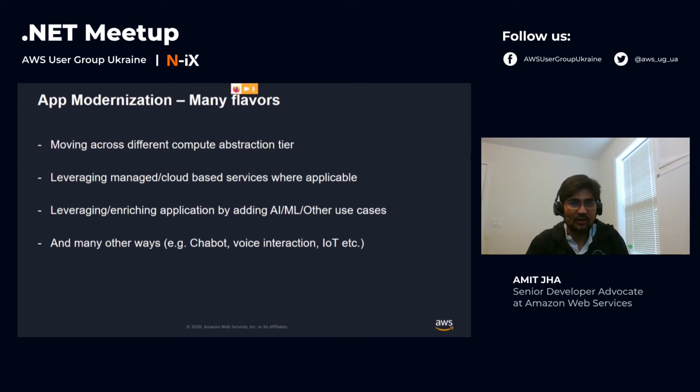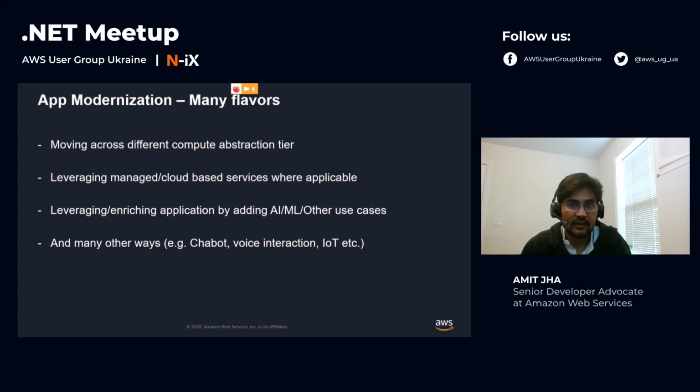Now let's go across app modernization. When I say app modernization, it could be moving across different abstraction tiers. Maybe you are first hosting in VMs, virtual machines, and then slowly you are modernizing the same application to target containers or serverless. We will discuss the ways in which you go there.